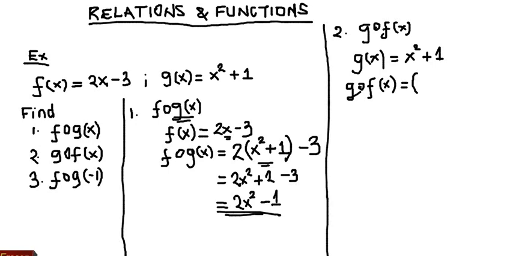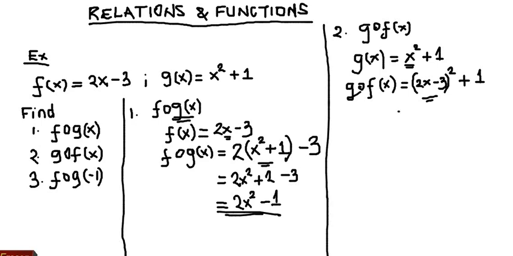In the function g of x, the x is going to be replaced by the function f of x, which is given as 2x minus 3. So this is our x, and the x is being squared, which means it will be 2x minus 3 squared. Then the function continues with plus 1, because we have only substituted the value of x in the function g of x with the function f of x.